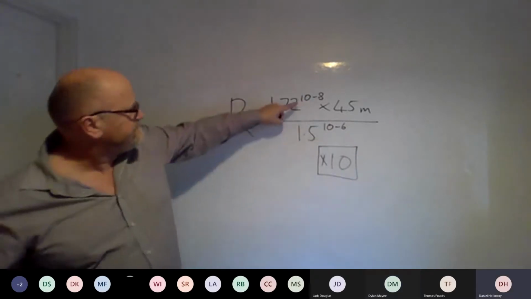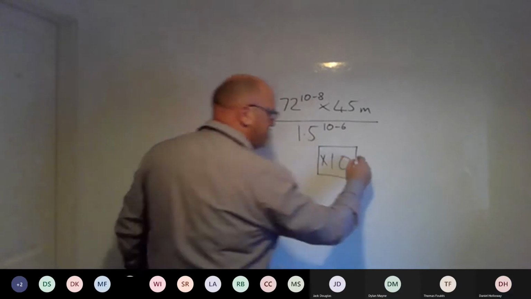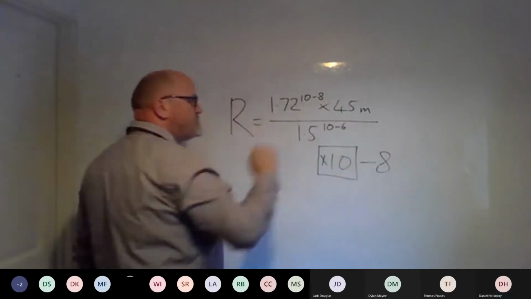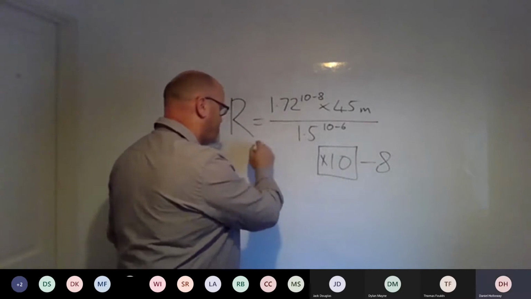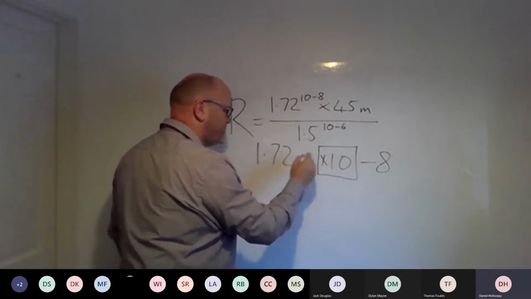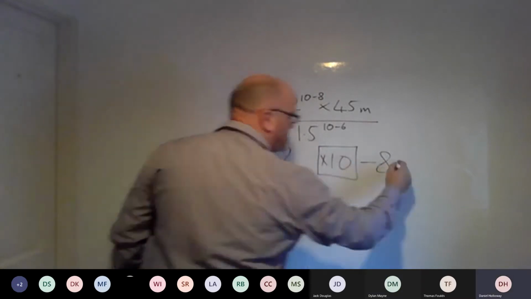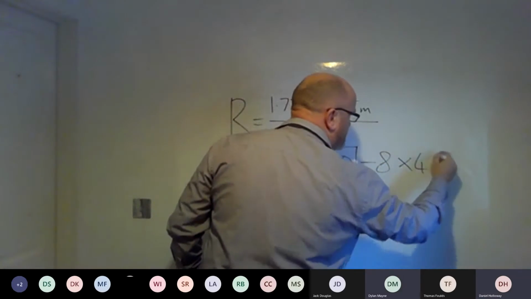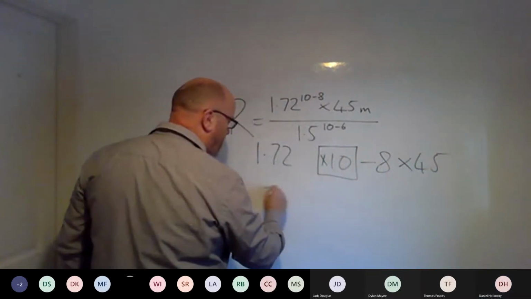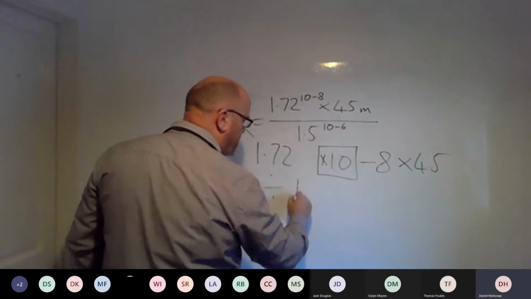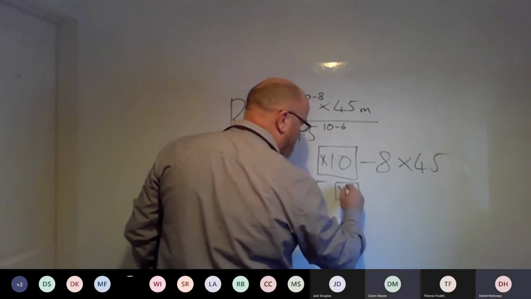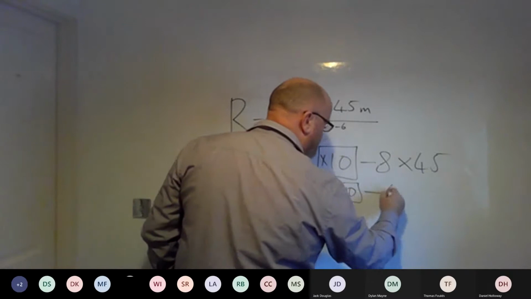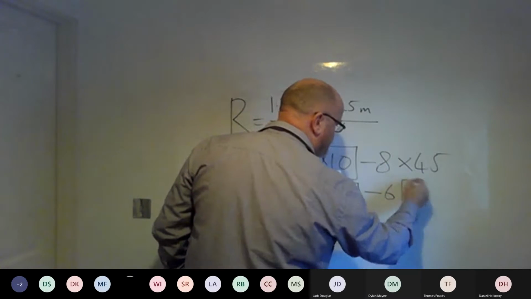Minus 8, times 45 and then divide that by 1.5. Press the X10 button again, minus 6, and then press the equal button.